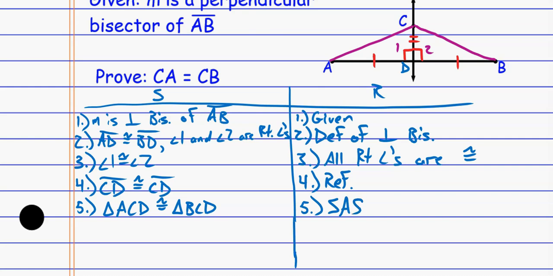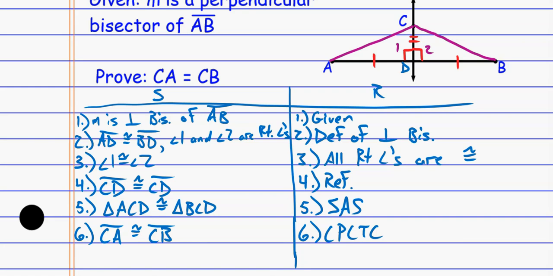And so now if I know that those two triangles are congruent, it means all of the different parts of those triangles are congruent. So I can say that CA is congruent to CB, and that's because of CPCTC. Okay, corresponding parts of congruent triangles are congruent.